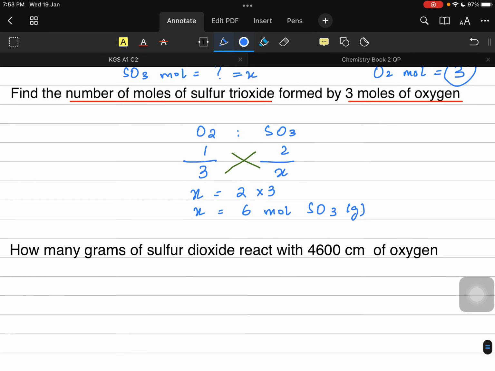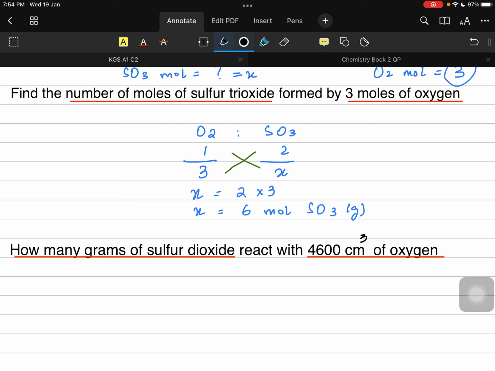Let's try another question. It says how many grams of sulfur dioxide. Now guys, focus. It's asking for the grams, not the moles. So how many grams of sulfur dioxide react with 46 centimeter cube of oxygen? There should have been a cube over here. I am putting a cube over here.